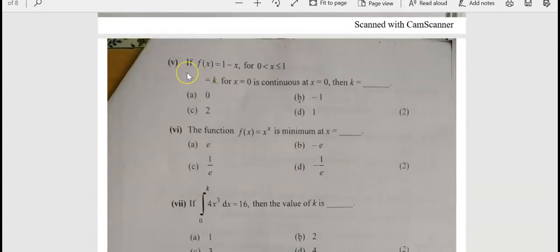Fifth: if f of x is equal to 1 minus x for x lying between 0 and 1, and equal to k for x is equal to 0, is continuous at x is equal to 0, then find the value of k. This is a question which is solved in the textbook, in the continuity chapter. See this here.